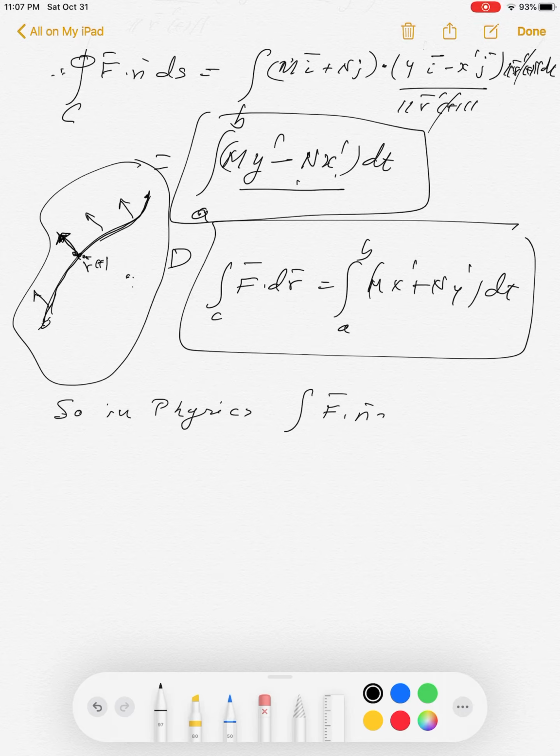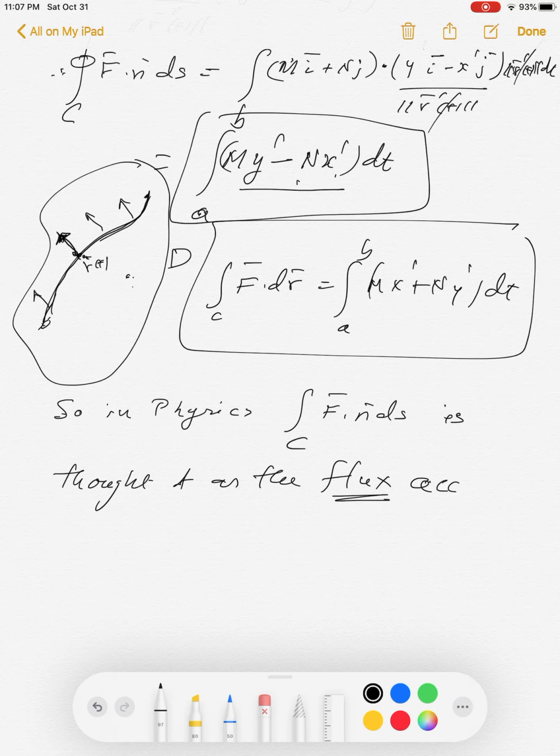So in physics, the integral of F bar dot n bar ds on C is thought of as the flux of the fluid.